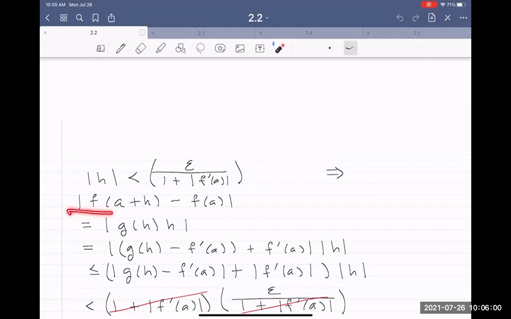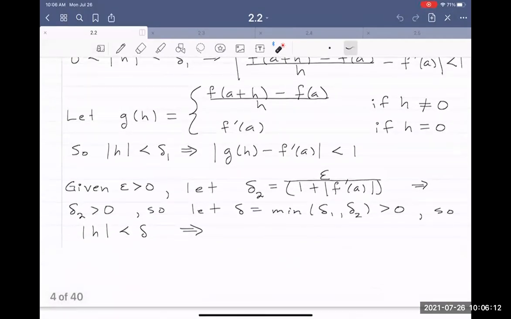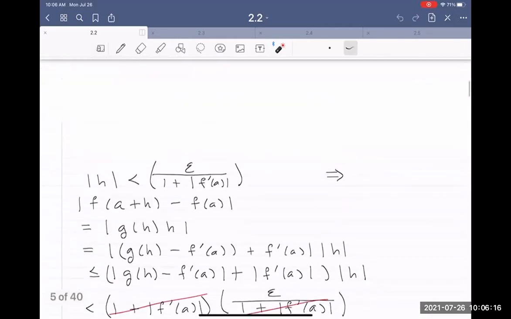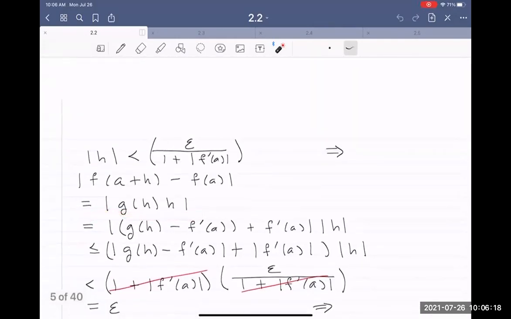And so the absolute value of f of a plus h minus f of a is equal to the absolute value of g of h times h.